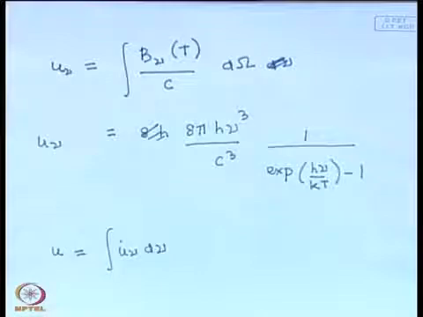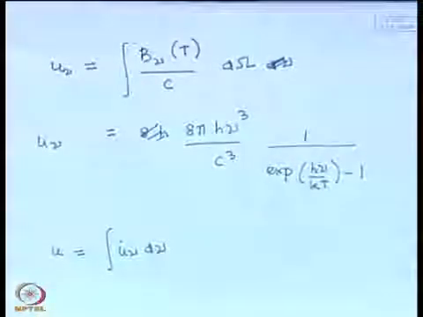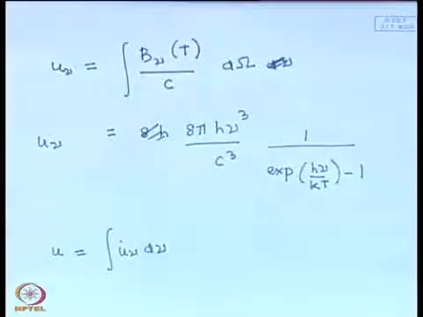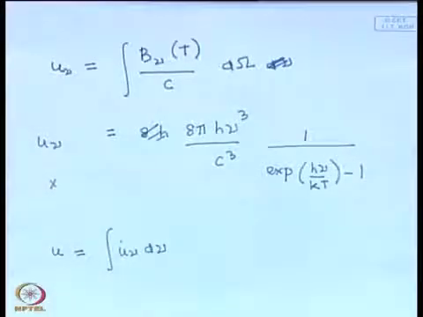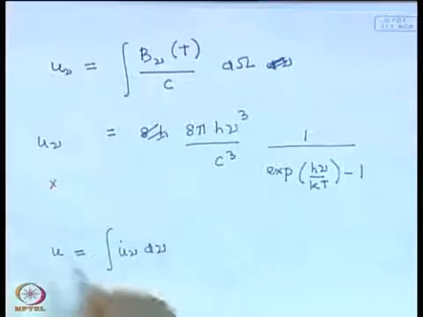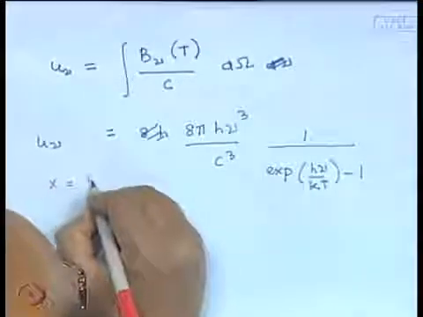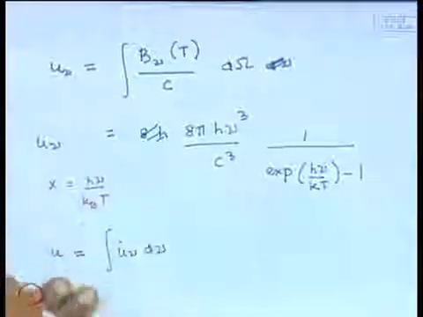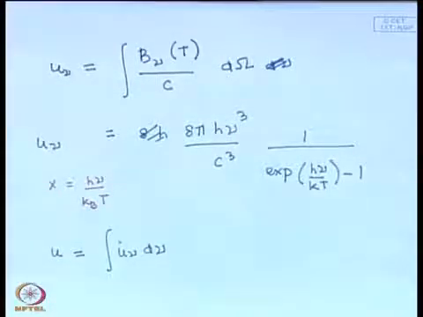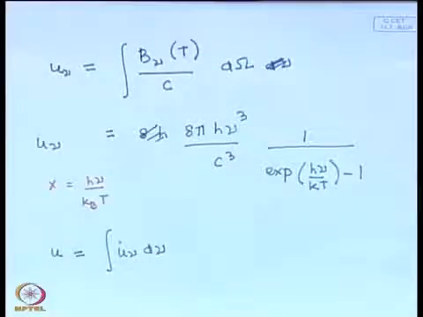To do that, it is convenient to introduce a new variable, let us call that variable x, such that x is equal to h nu by the Boltzmann constant into T, which makes this whole thing dimensionless.